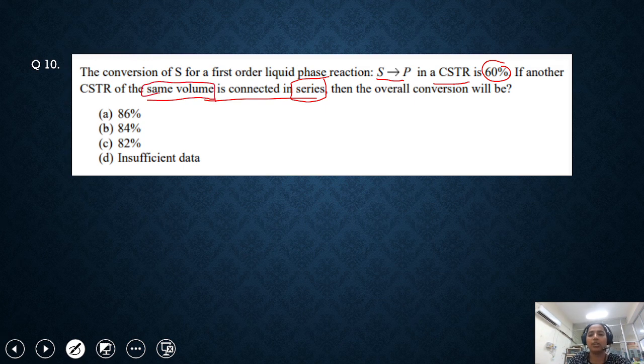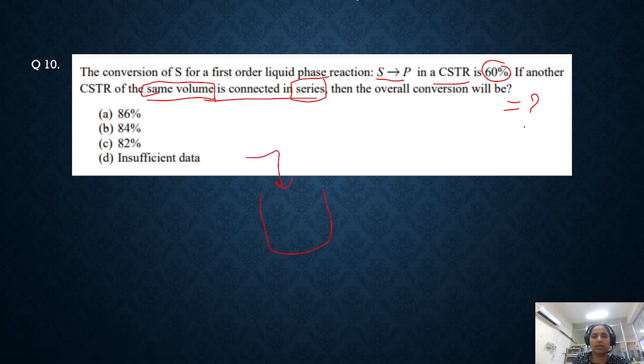So it means apart from this, other factors will remain the same. Then the overall conversion, how much conversion is there? You all have to read the question very slowly and carefully. You have to focus on every word, what they are asking and what they are trying to say. Because only when you understand the question are you able to solve it rightly.